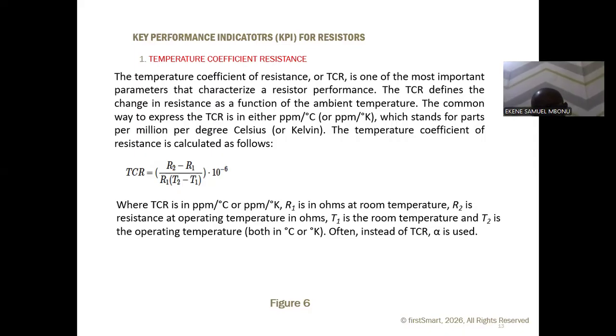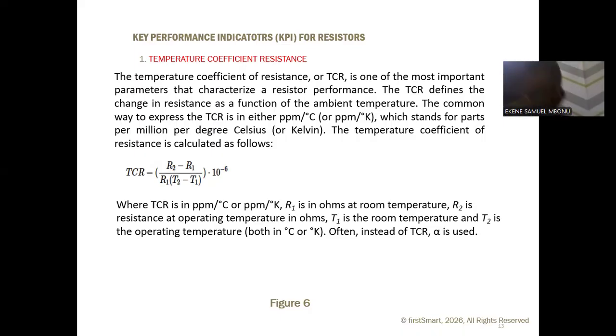As the temperature increases, depending on whether the resistor has positive TCR or negative TCR: if it has negative TCR, as the temperature is increasing, the resistance will be reducing. If it has positive TCR, as the temperature is increasing, the resistance will be increasing.